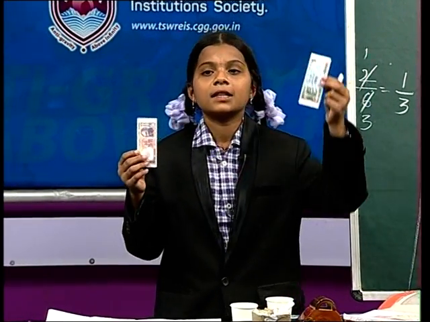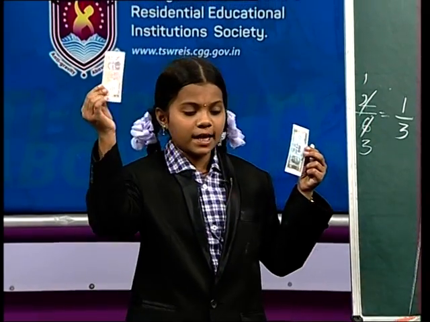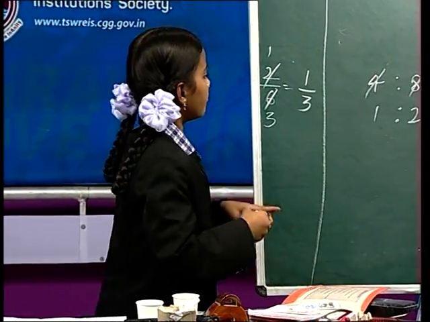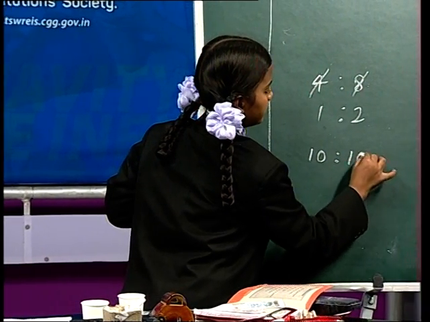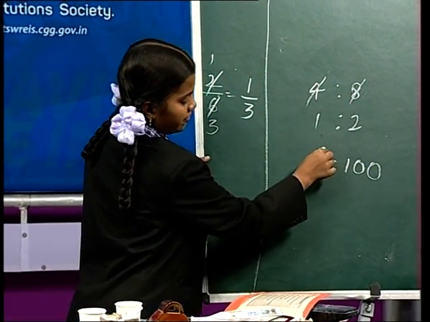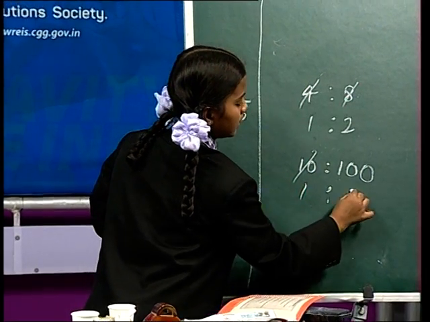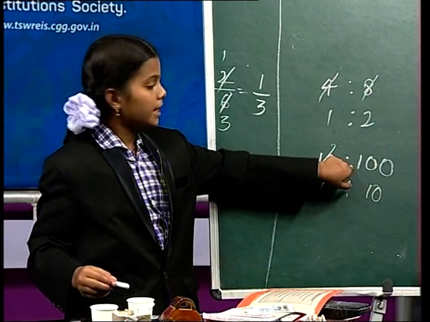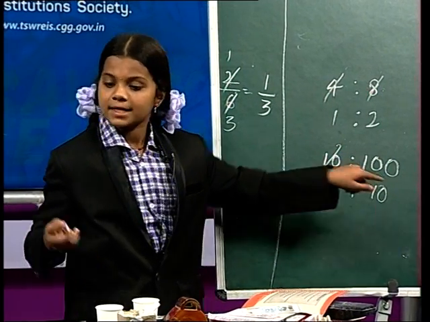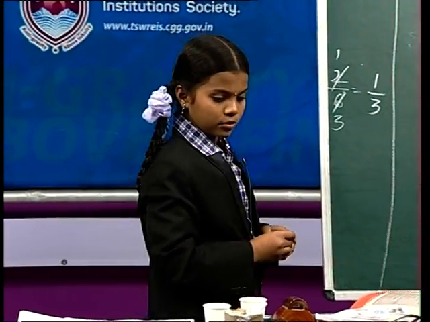Friends, see, this is a 100 rupees note, this is a 10 rupees note. Here we take 10 is to 100. 10 ones are 10, 10 tens are 100. 1 is to 10 is the simplest form of 10 is to 100. Yes or no? Yes.